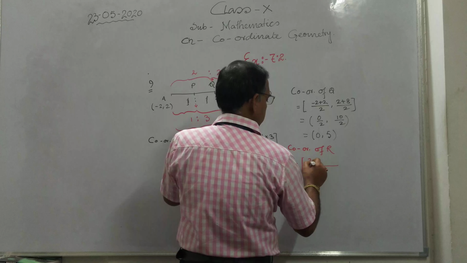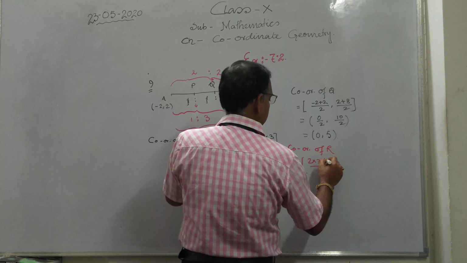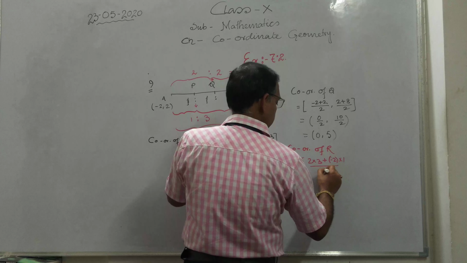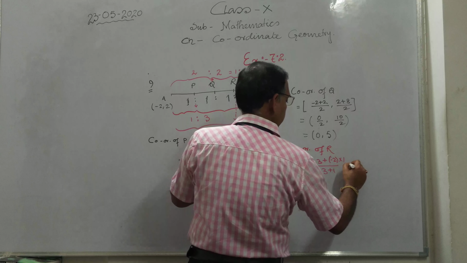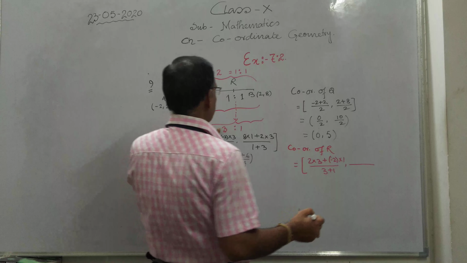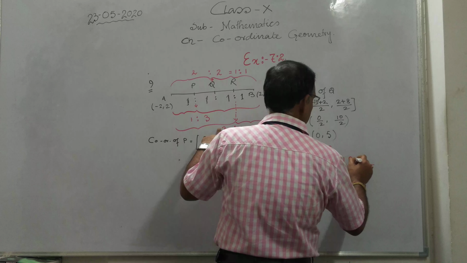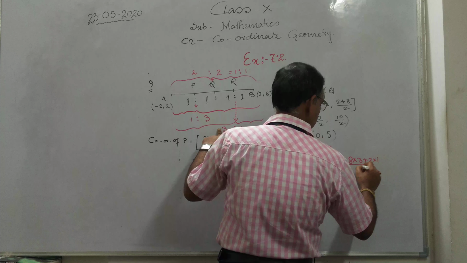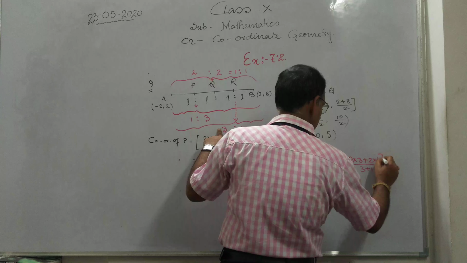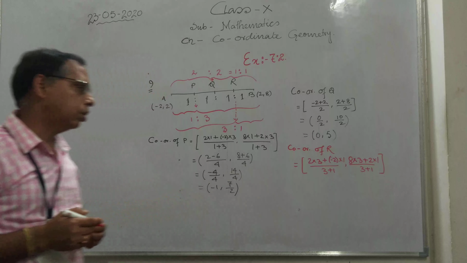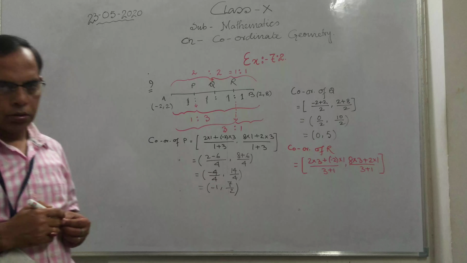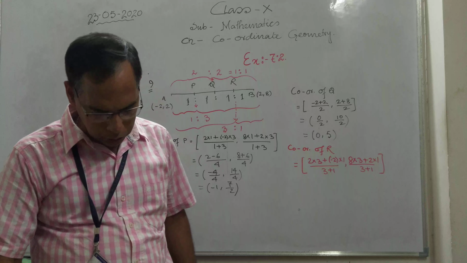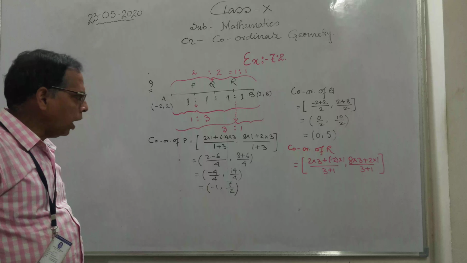So 2 into 3 plus minus 2 into 1 divided by 3 plus 1, and then 8 into 3 plus 2 into 1 divided by 3 plus 1. And this calculation you do by yourself. Okay? So this is question number 9.